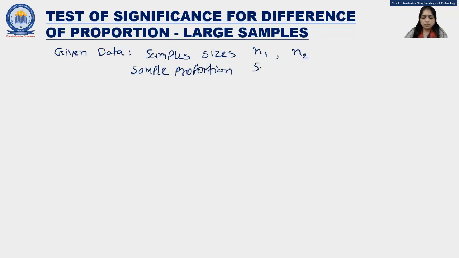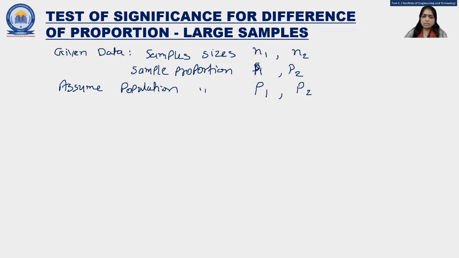Sample proportion is P1 and P2, and we have to assume population proportion, and that is capital P1 and capital P2. Okay, so first, what we have given the sample sizes N1, N2 and sample proportion P1, P2.